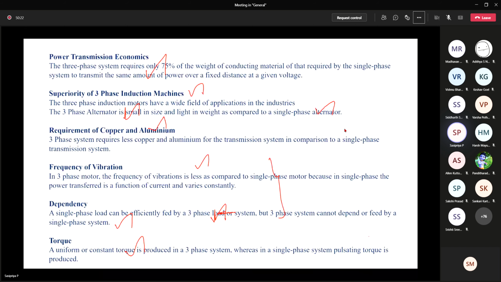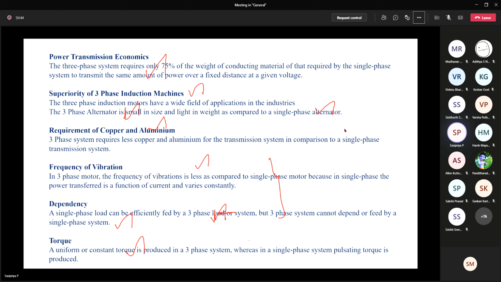Compared to single phase systems, the 3-phase systems are economical and they have some advantages also. Torque is uniform and power is constant, there is no fluctuation, and the frequency of vibration is also good. So generally the 3-phase system is adopted.